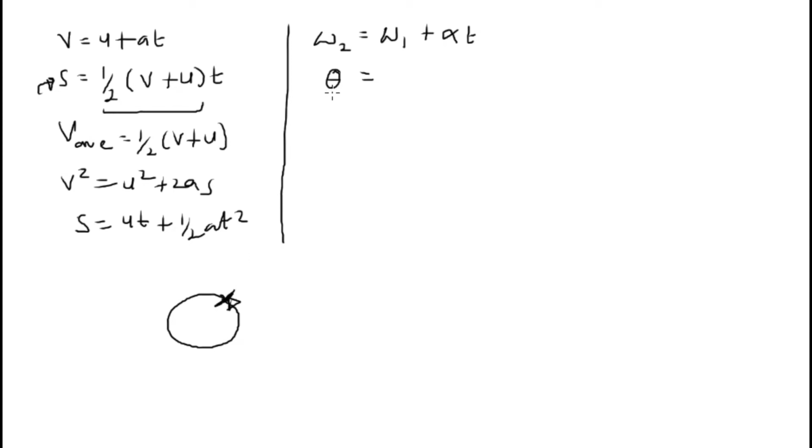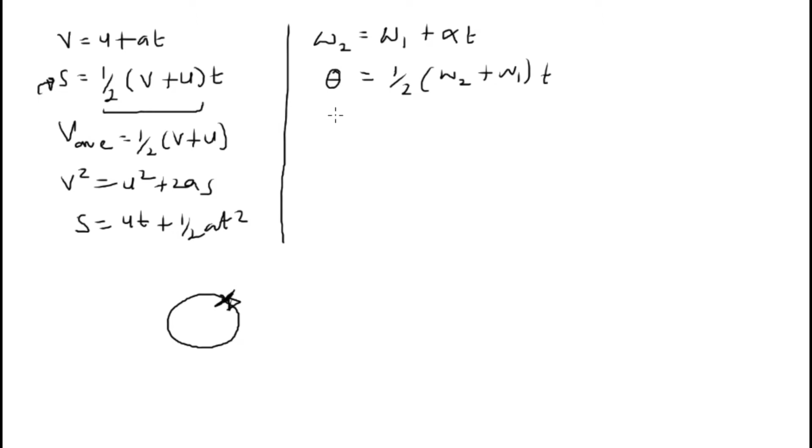It is also the number of revolutions, and the angle through which the object turns. The angle is given as theta, which is equal to half of omega 2 plus omega 1 multiplied by t, where t is the time taken.